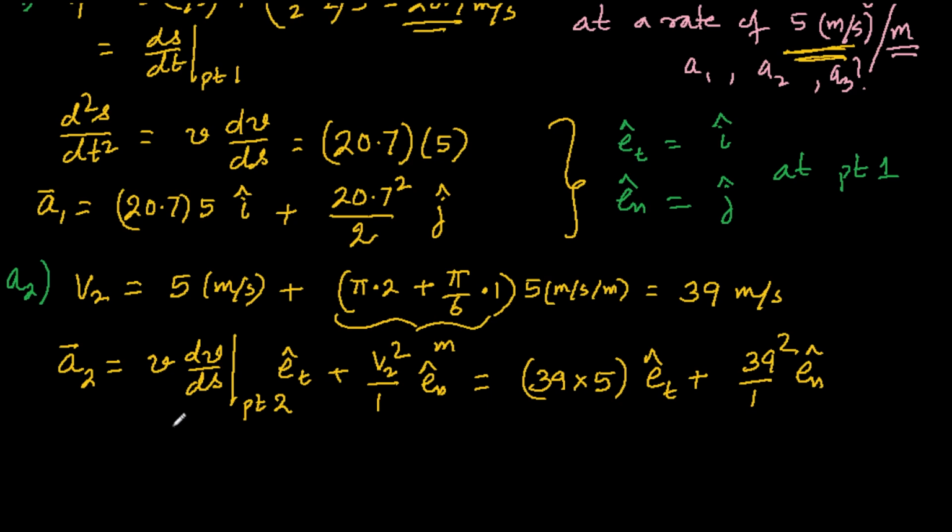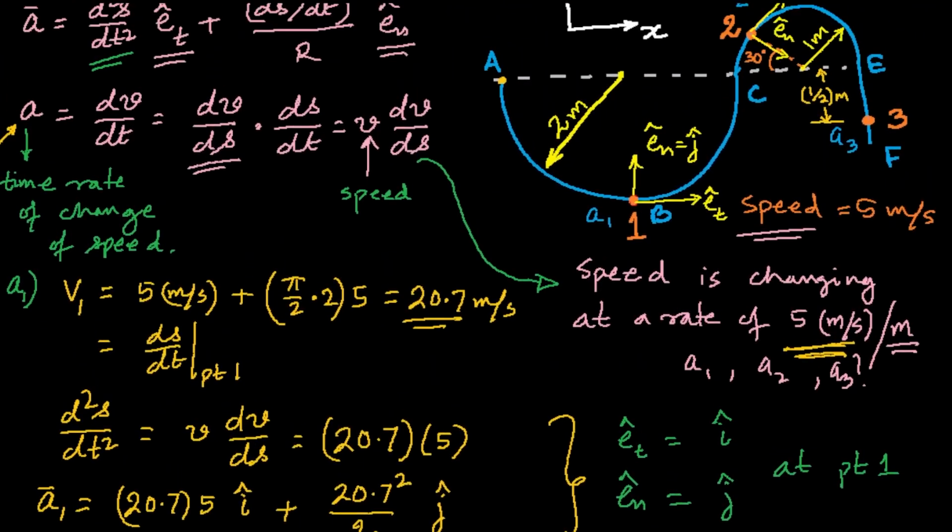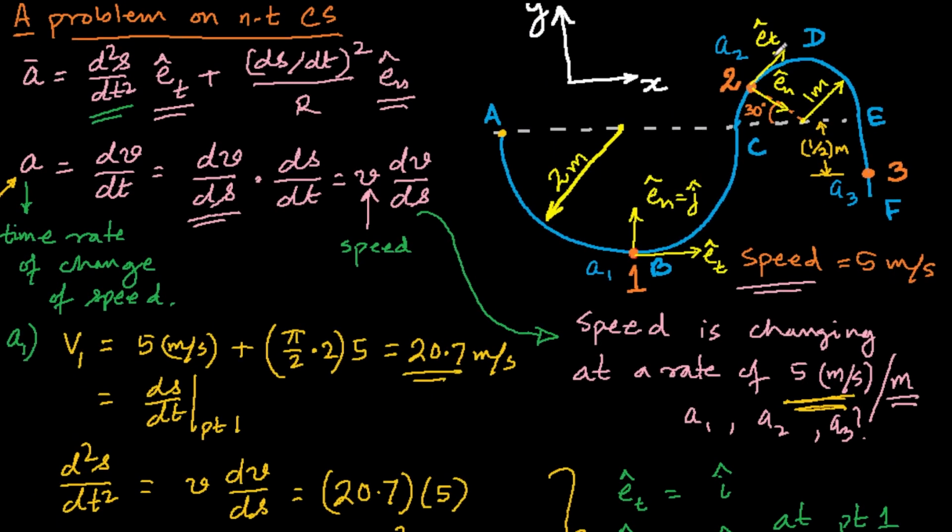Okay, but now what is et? You see that now if that is 30, let's see. So this angle is, this is 30, so this is 60 degrees, so this is en, this is et.